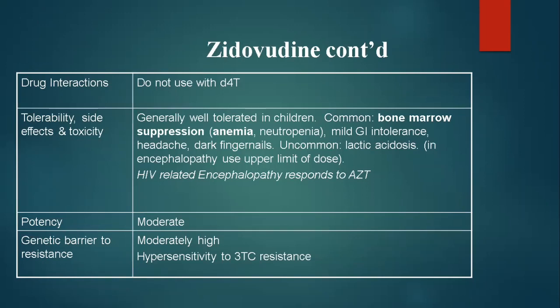And the uncommon ones, we have lactic acidosis as one of them. So we have looked at the several drugs that are found under the nucleoside reverse transcriptase inhibitors. Therefore, we will now move to the next group of drugs.